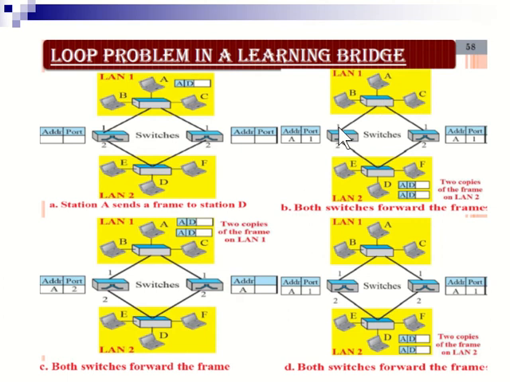Both the switches have forwarded the frame to LAN 2, and since it is connected through port 1, both switching tables have been updated. Now there are two copies of the same frame in LAN 2.